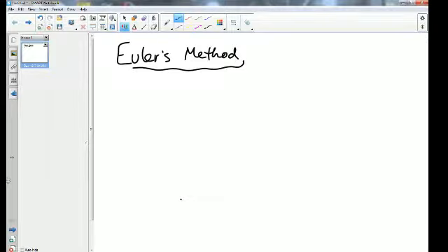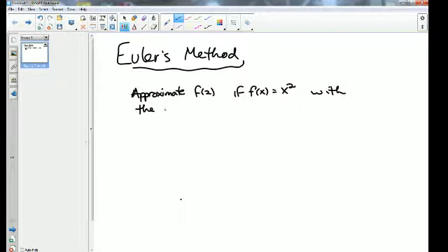Like I said, Euler's method is an extension of something you already know, linear approximations. So what you already know is something like: approximate f at 2 if f of x equals x squared, with the equation of a tangent line.